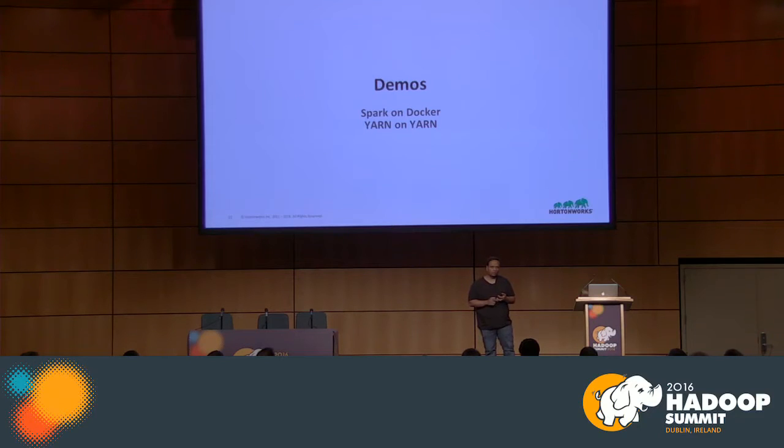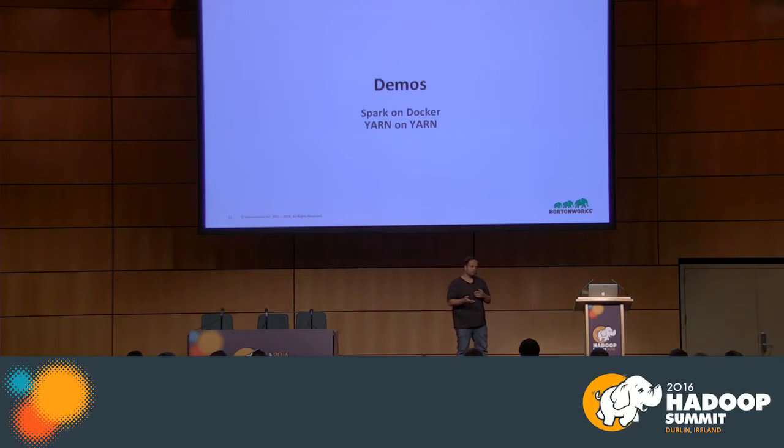Like I mentioned before, this is something we hear pretty frequently, where users or even customers of Hortonworks come and say, we have these half a dozen data scientists who want to do all these different things with Spark, with all these different dependencies. Is there a way you can make this happen?